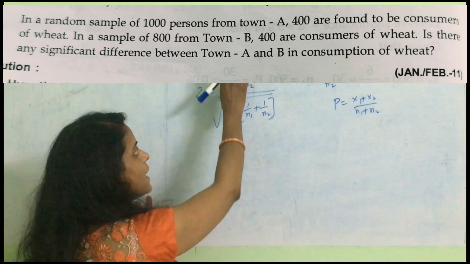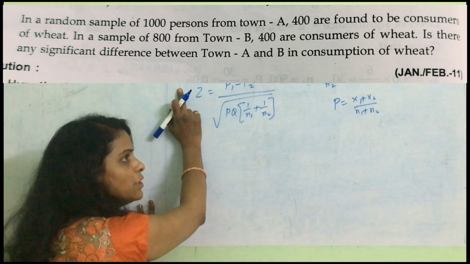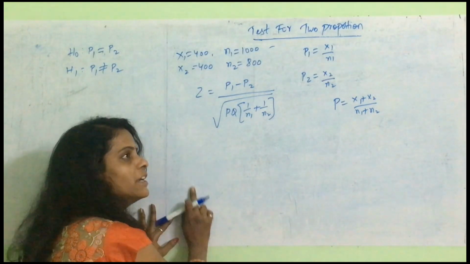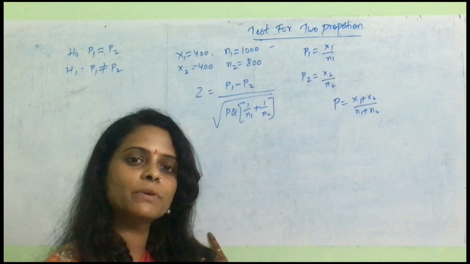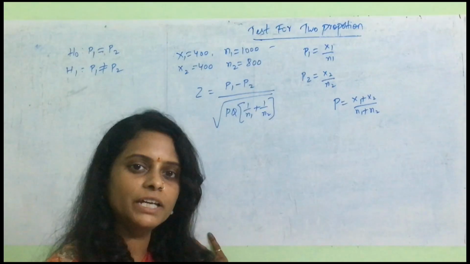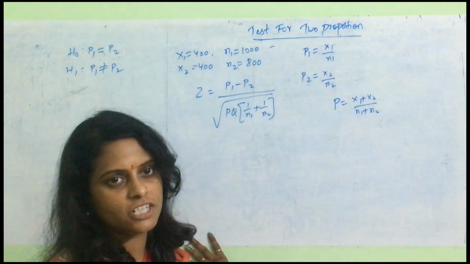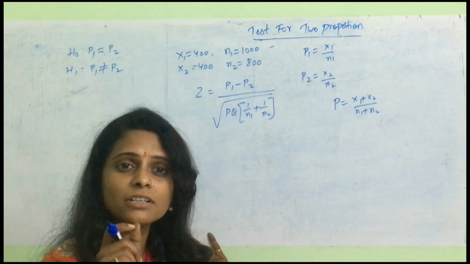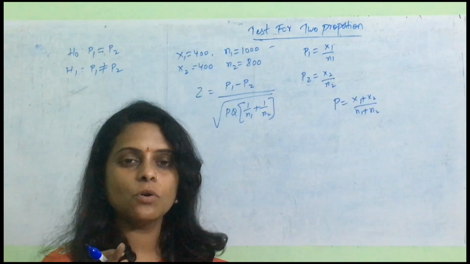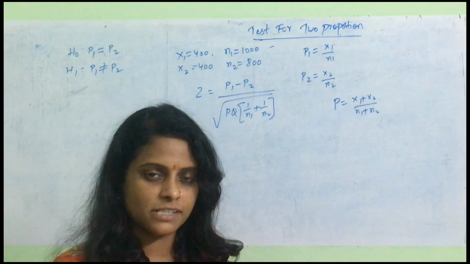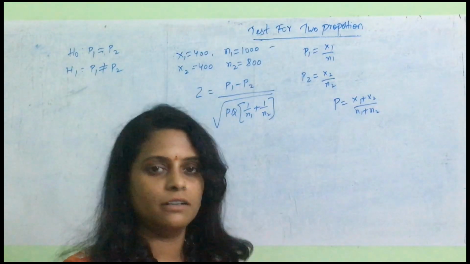So the n1, n2, x1, x2 values are given. What we have to find is whether there is any significance between the town A and town B consumers of wheat. Nothing in the question is specified, like more or less, so it means that yes, that is a two-tailed test.